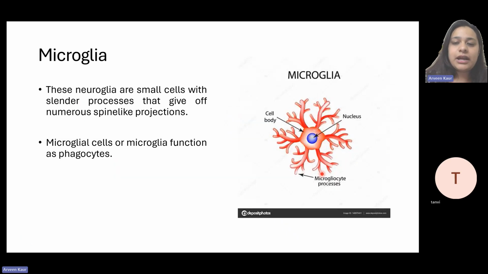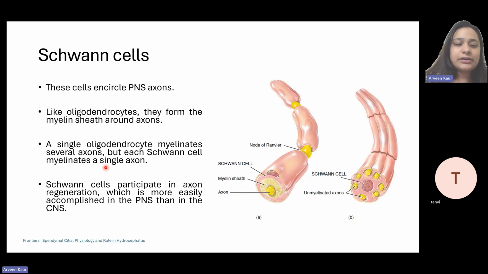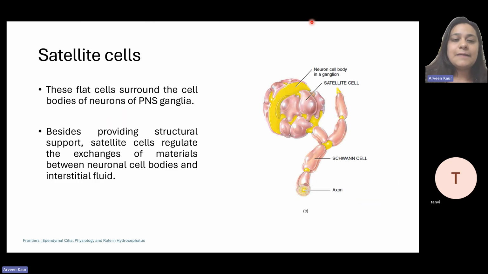Over here, however, one Schwann cell myelinates one axon, right? So that is what it will do. Schwann cells participate in axon regeneration. We talked about this, that axon regeneration is more easily accomplished in the PNS than the CNS, right?